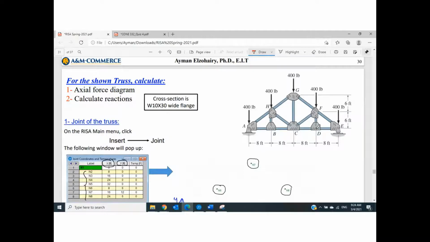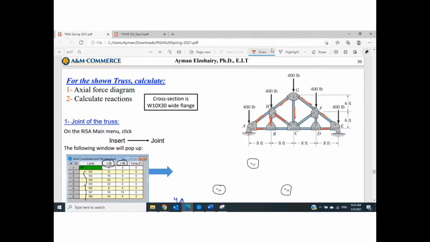We have this truss, hinge at A, roller at E, applied load 400 pound, 400 pound, 400 pound, 400 pound, 400 pound. We need to define this structure on RISA to figure out what are the reactions, what is the internal force in each member.